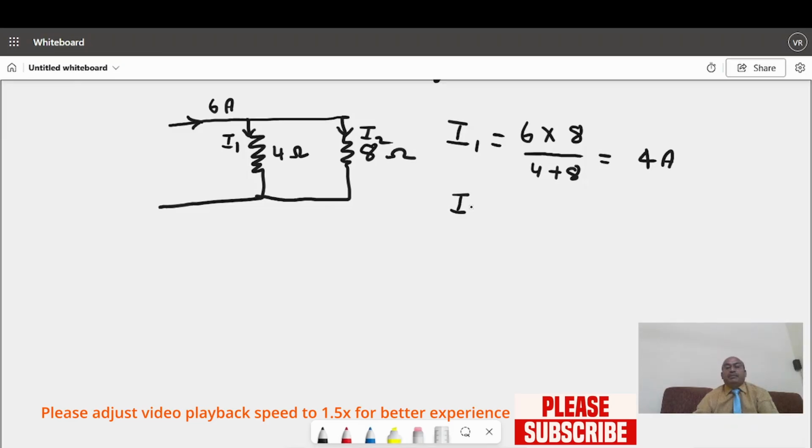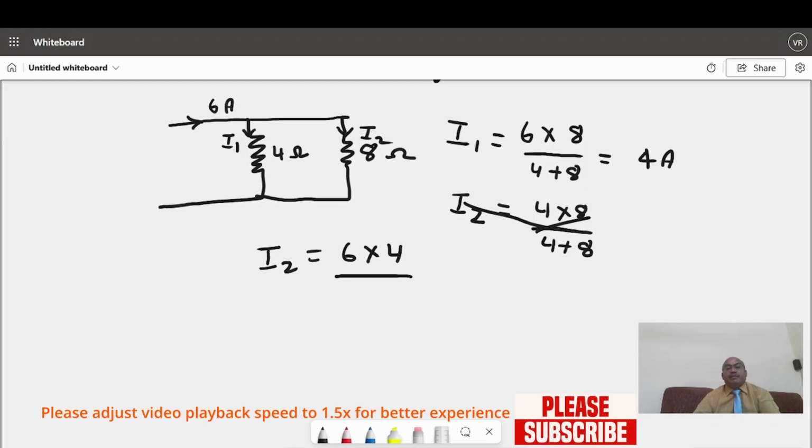I2 is equal to 6 into 4 by 4 plus 8, which means 2 amperes. The total current I is equal to I1 plus I2 for checking: 4 plus 2 is equal to 6 amperes.